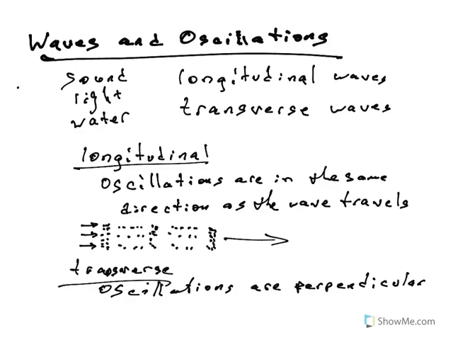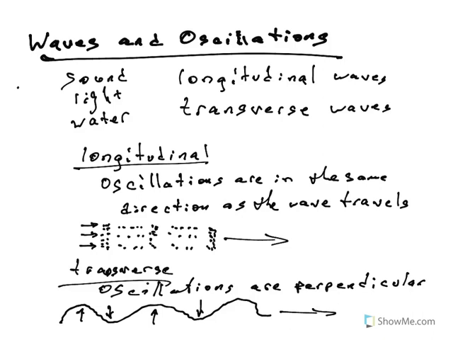With a water wave, of course, the wave looks like this in the water, and the wave is traveling this way towards the beach. And you see the oscillation of the wave is occurring up and down, but the motion of the wave is occurring to the right. And so that's a transverse wave.